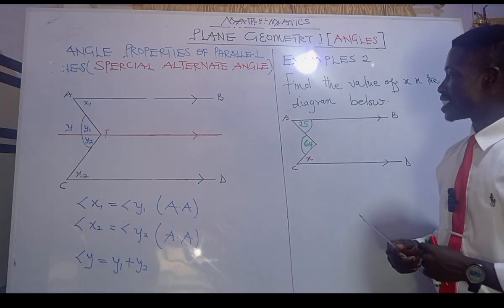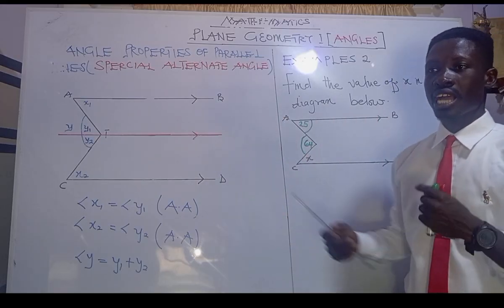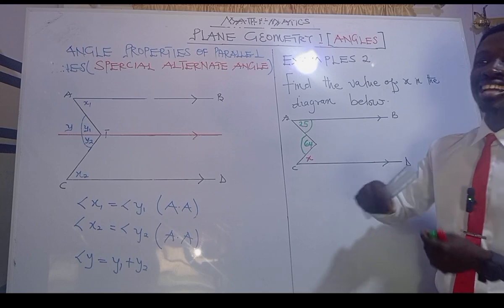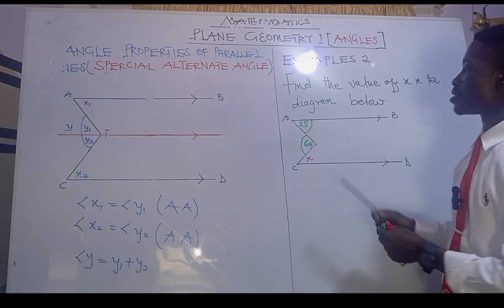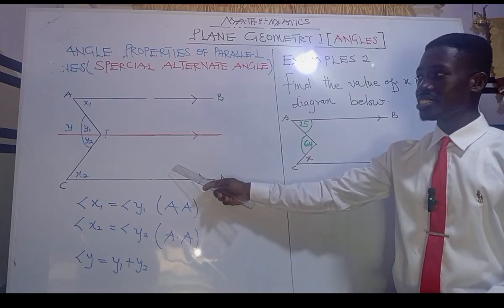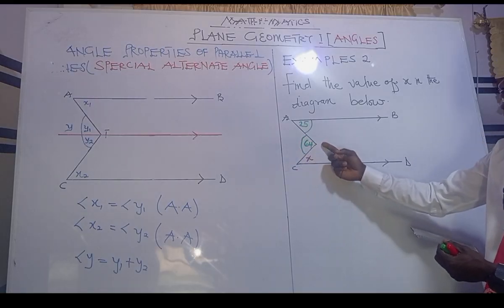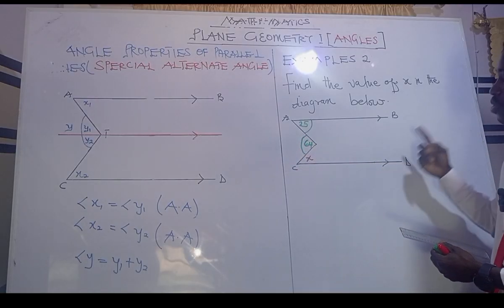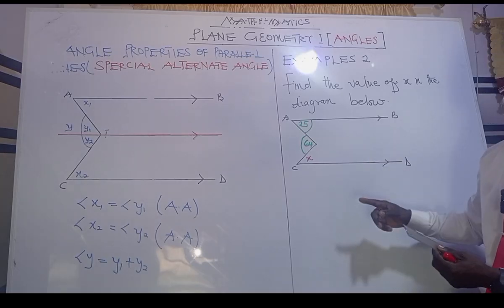Before we can apply the alternate angle concept to solve this, we have to draw an additional parallel line in between these two parallel lines, like what we have done here. Is that clear? So let's redraw the diagram, okay?